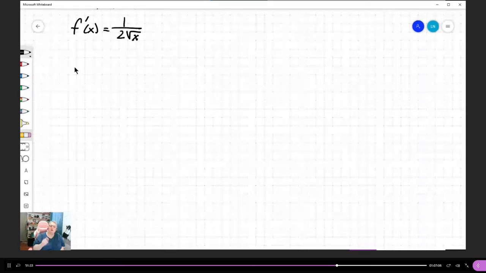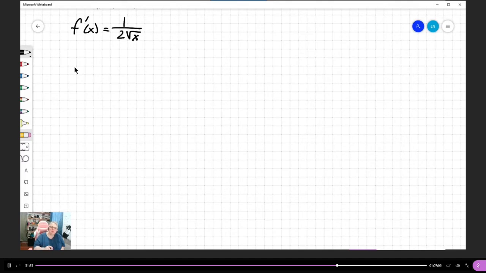A function being differentiable at a point implies that that function is continuous at that point. However, being continuous at a point does not imply differentiability.